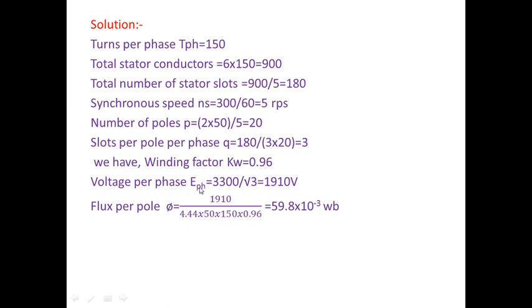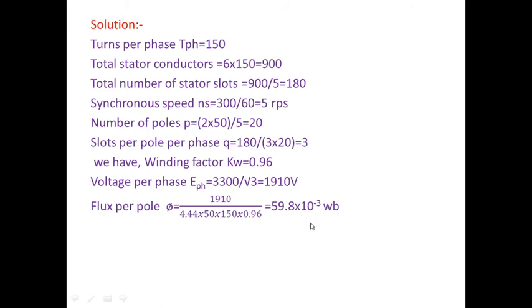Therefore voltage per phase E phase is given by 3300 by root 3, that is 1910 volts, line voltage divided by root 3. Flux per pole phi is given by phase voltage divided by 4.44 F into 150, where 150 is turns per phase, into kWs.